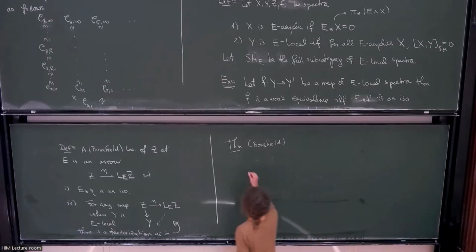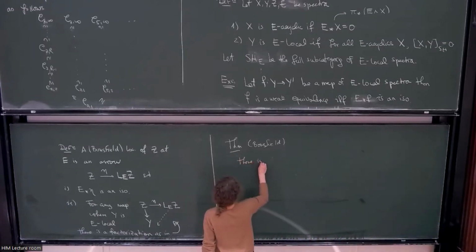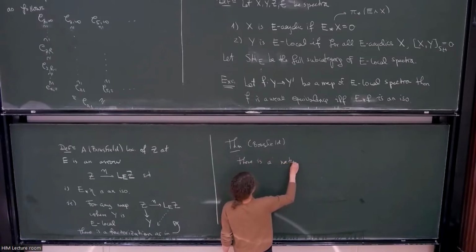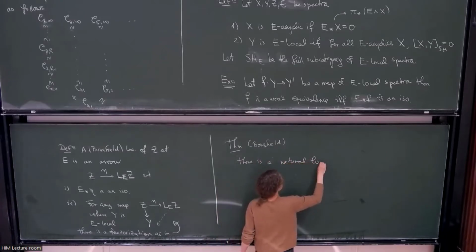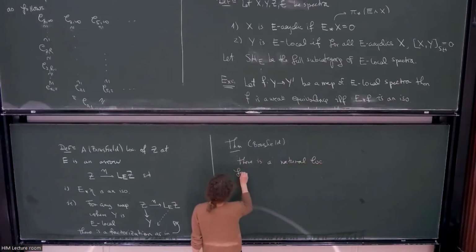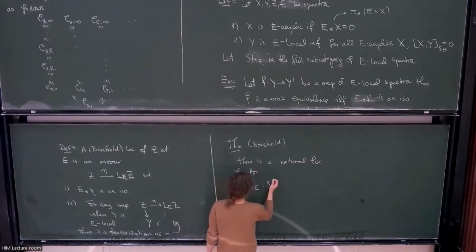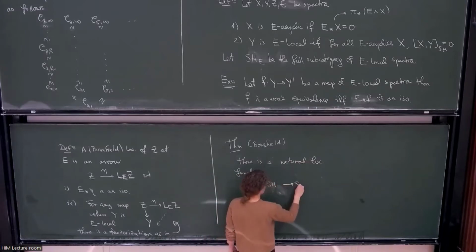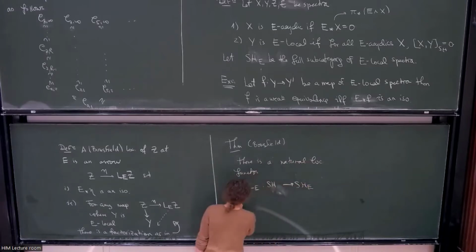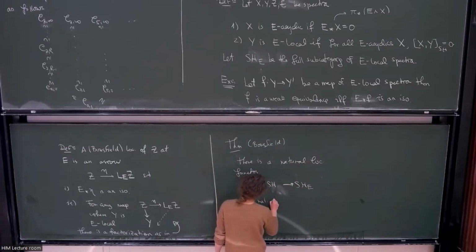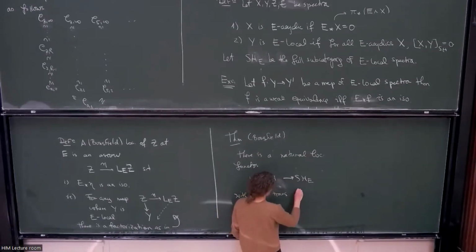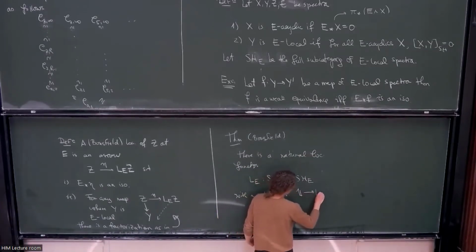So there's a natural localization functor from spectra to E-local spectra, and a natural transformation from the identity to it.